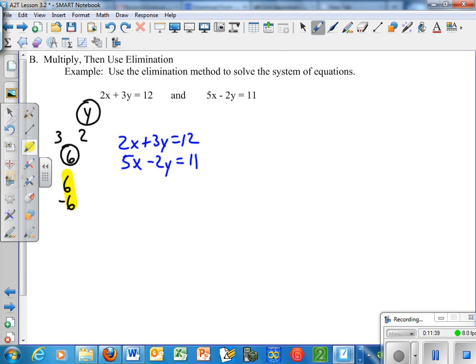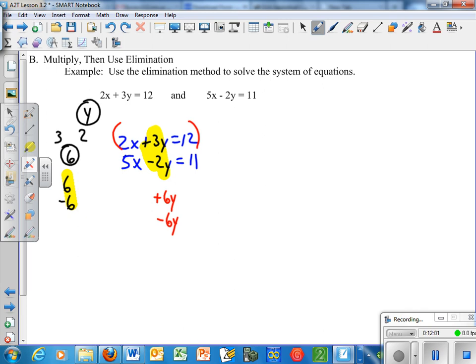Now, if I look at these terms right now, you see how the top one is already a positive and the bottom one is already a negative? So I'm going to make the top one positive 6y, and I want to make the bottom one negative. Now, how does that help me determine what I multiply by?